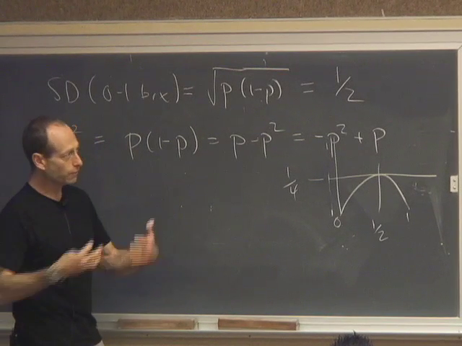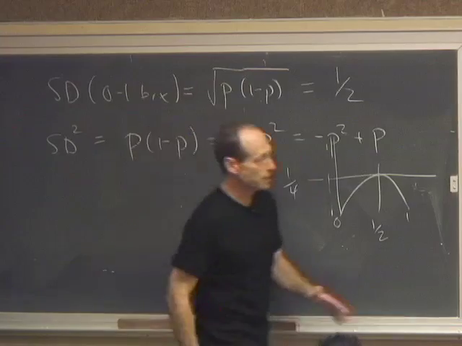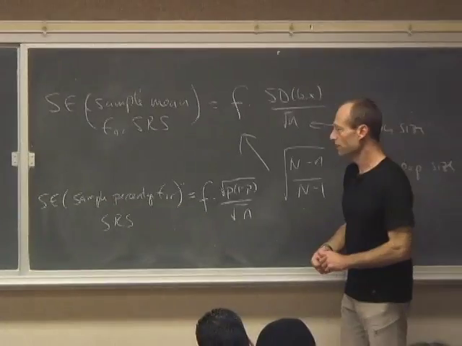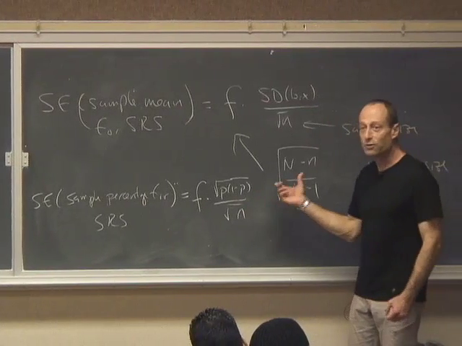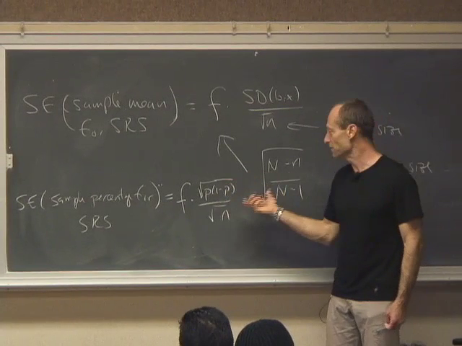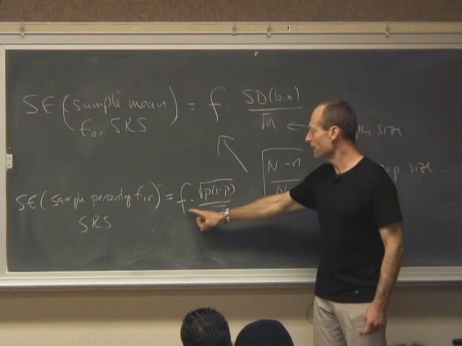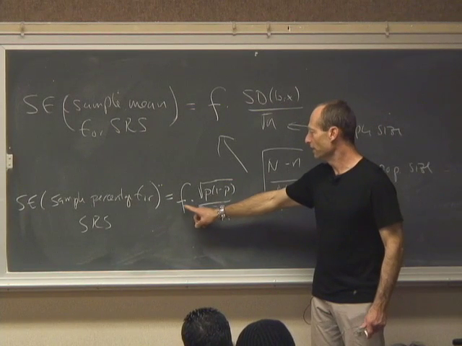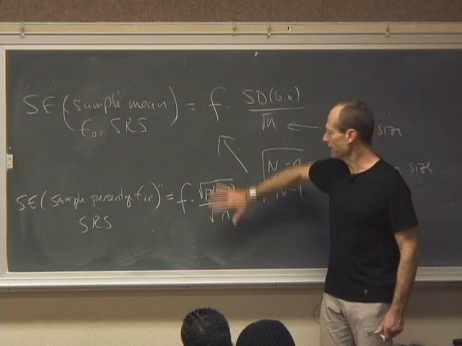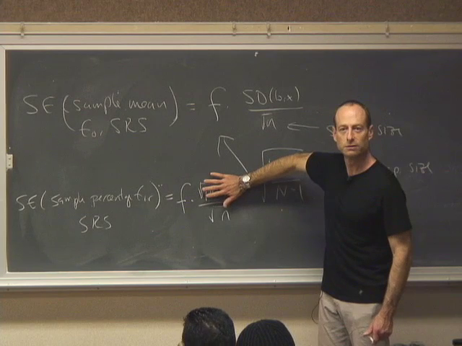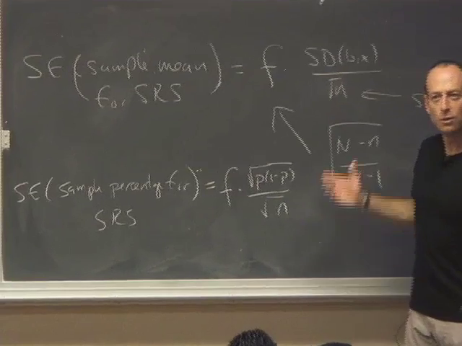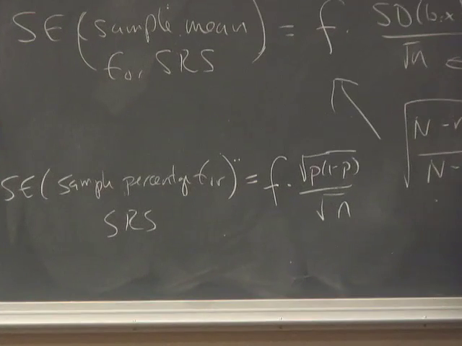So if we're drawing from a 0, 1 box, and we're looking at the sample percentage as an estimator of the population percentage, then we know that the standard error of that estimate, how far off it's likely to be, isn't going to be any bigger typically than the finite population correction times 1/2 divided by the square root of n, because the SD can't be bigger than 1/2. Does that make sense? We're going to be off by some random amount.